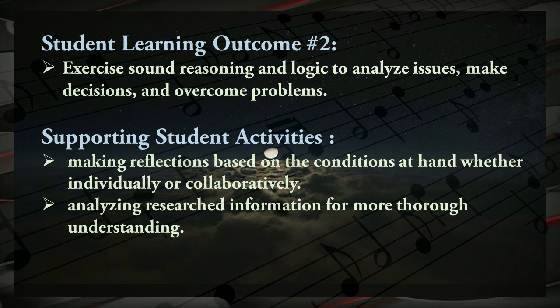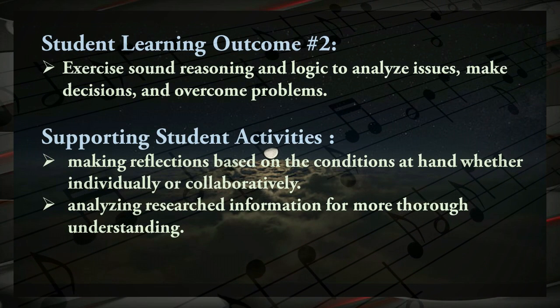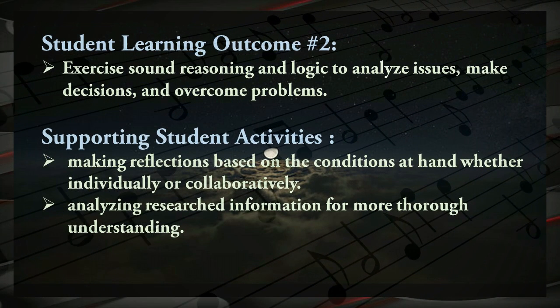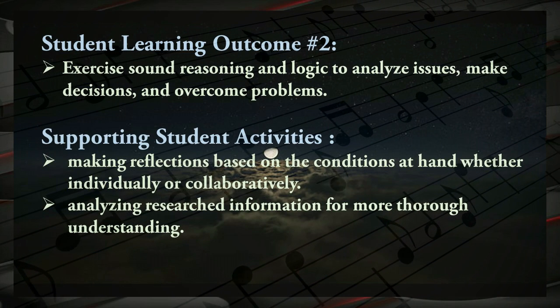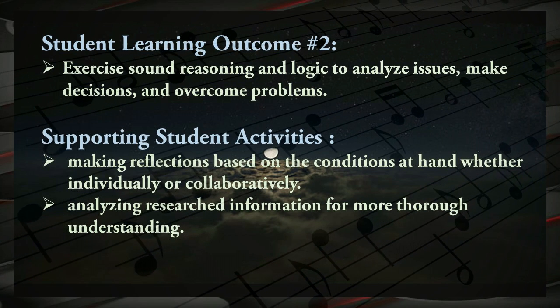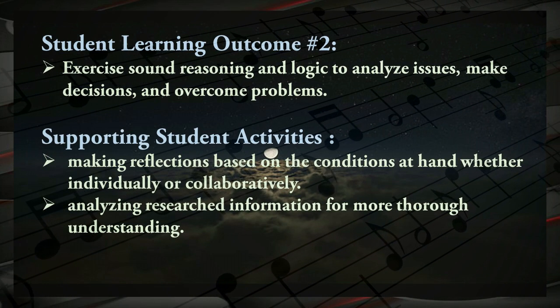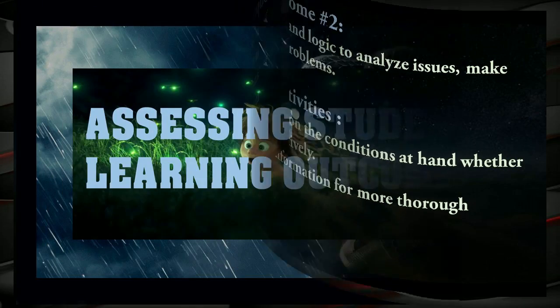This will be the supporting student activities: making reflections based on the conditions at hand, whether individually or collaboratively, and analyzing research information for more thorough understanding. So, this is very much aligned to the student learning outcome number 2.